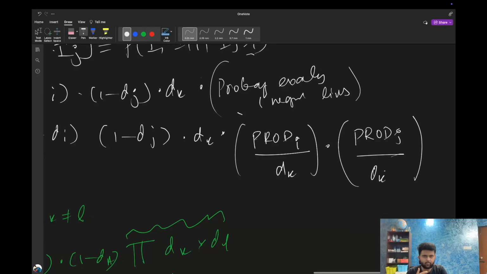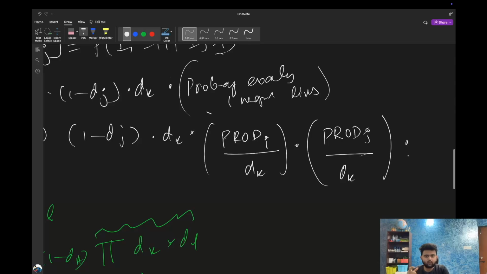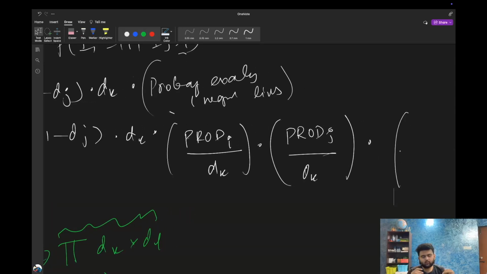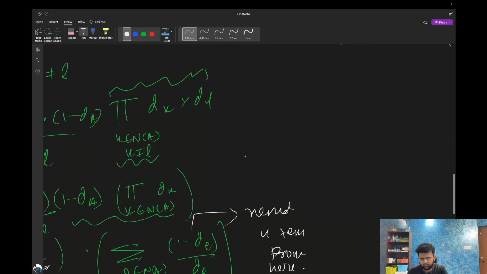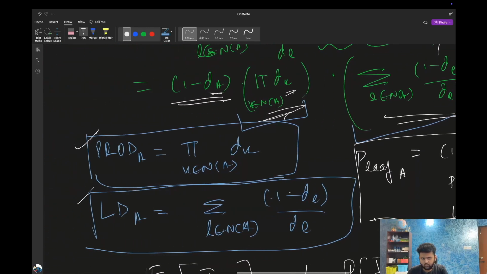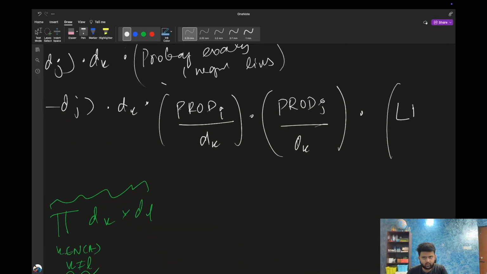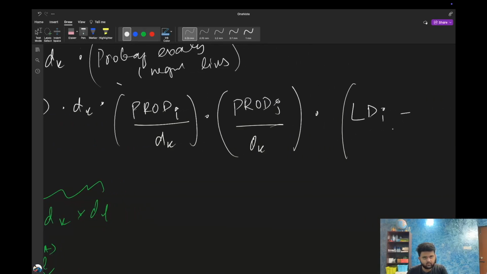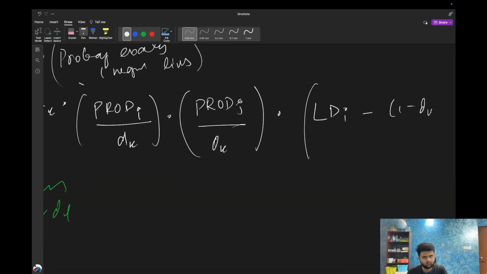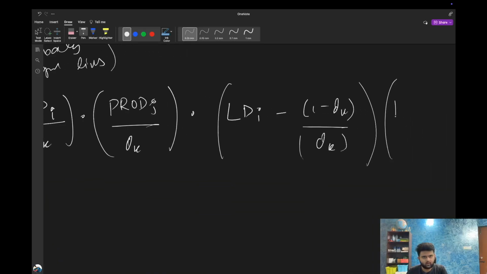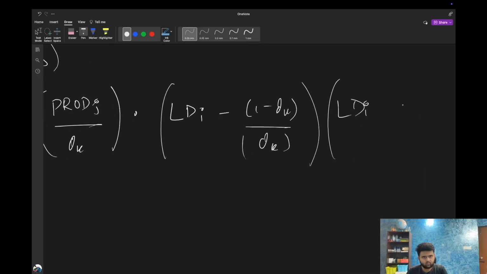We don't need to add it again. And times, now we have to multiply with the probability that exactly one of them lives, but we know dK won't live. And I think I named that variable as ld, yeah, sorry. So times ldI minus these terms times ldJ minus 1 minus dK by dK.